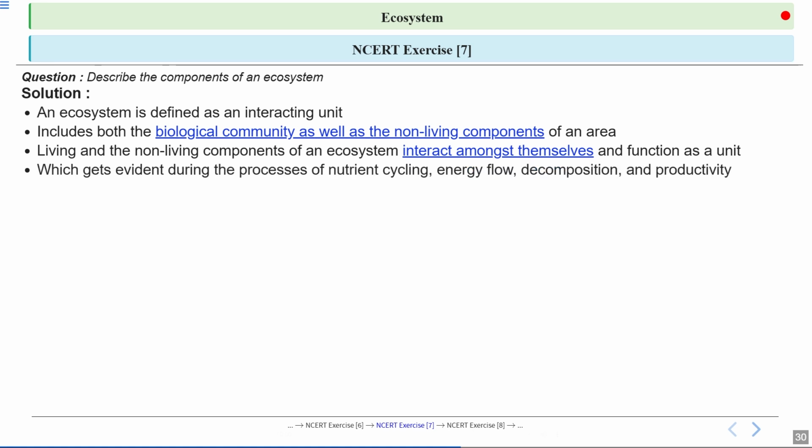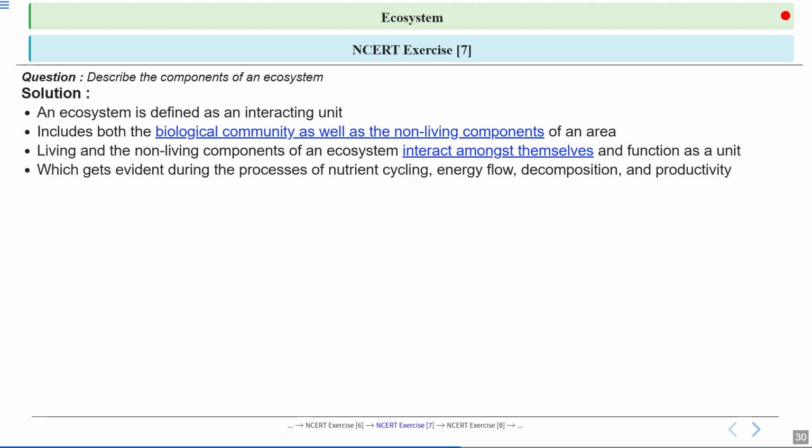So the living organisms are also interacting in the ecosystem, and they are also interacting with the non-living components of the ecosystem. The ecosystem consists of biotic and the abiotic components. Clear? And then you have the decomposers also, which help in the nutrient cycling.